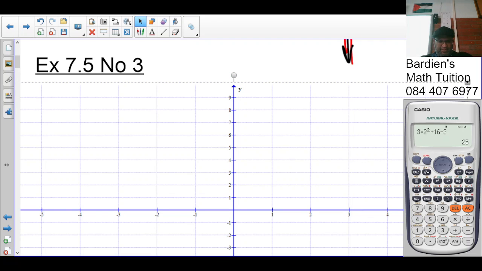So we just make that a bit bigger above the line. So you're going to go to minus 2, but you're going to go to, say, 14 on your y, negative 2 and 14.